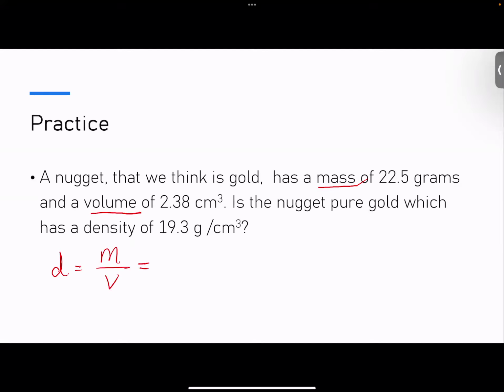So therefore it is 22.5 grams divided by 2.38 centimeters cubed. And this comes out to be 9.45 grams per centimeter cubed.